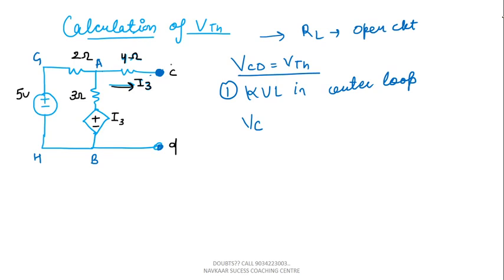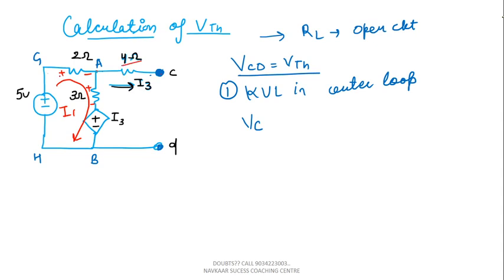As you can see, no current is flowing through the 4 ohm, so leave this. You are moving from A to G. First we need to mark the sign accordingly. Suppose this is the current flowing I1. This current is moving from G to A, positive, negative, positive, negative. Now VC, no current is flowing through the 4 ohm, skip that.